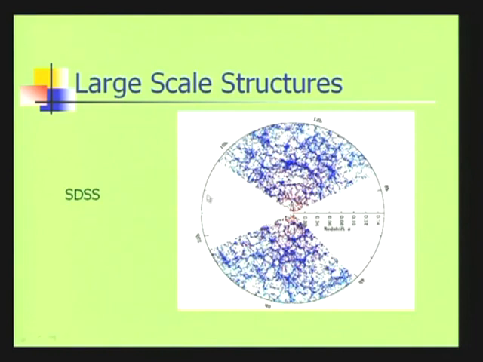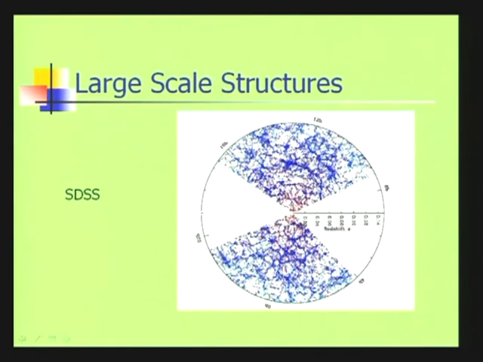And the other direction is the angle on the sky. So you have the distance from redshift and you have the angle on the sky. What you see is that it really doesn't look homogeneous, at least, right? So the point is that there are large scale structures in the galaxy distribution in our universe.